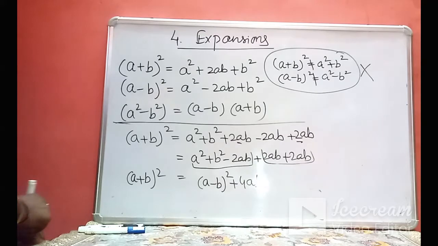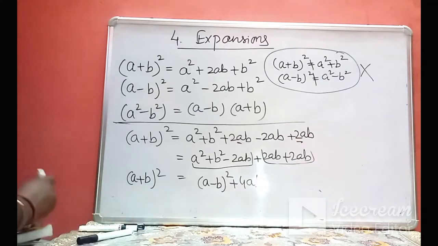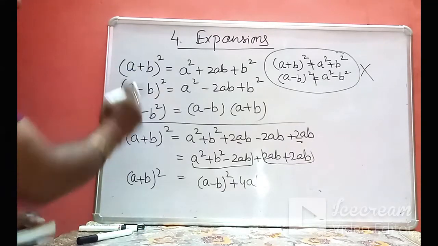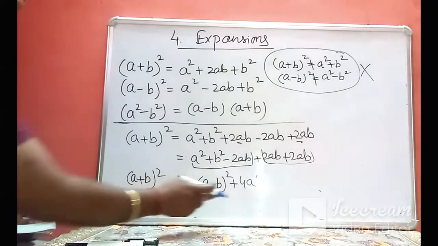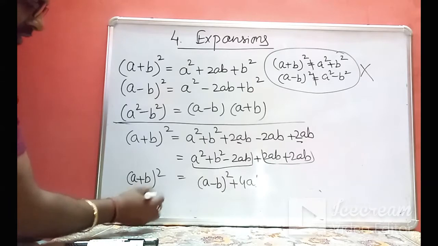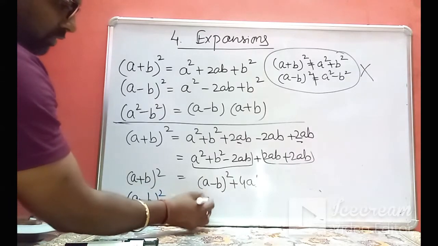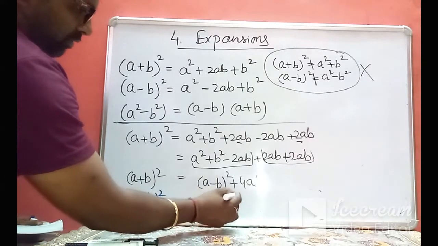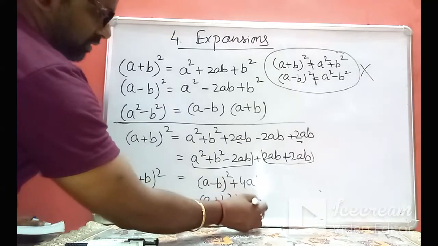Similarly, if you wish to write (a - b) whole square in terms of (a + b) whole square, you can simply take this minus 4ab here and you will get (a - b) whole square equal to (a + b) whole square minus 4ab.